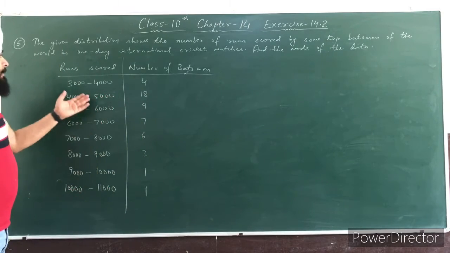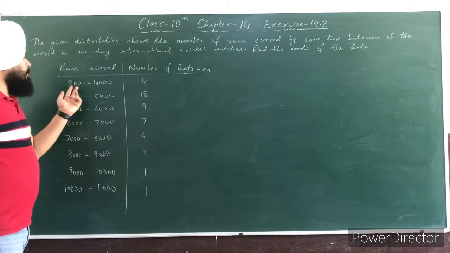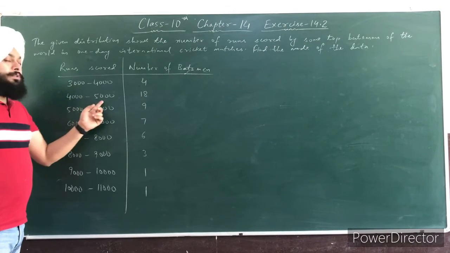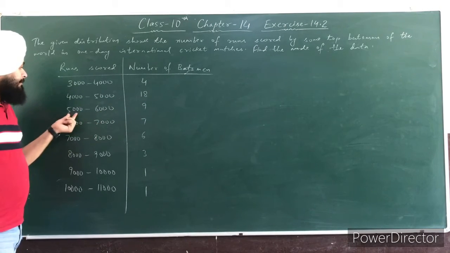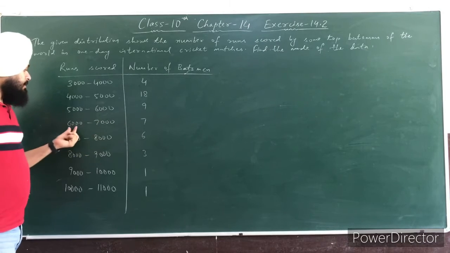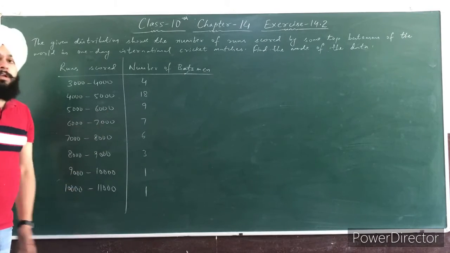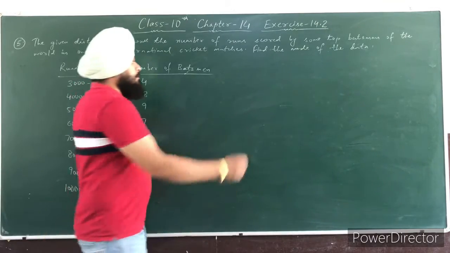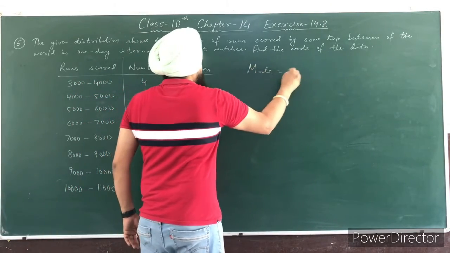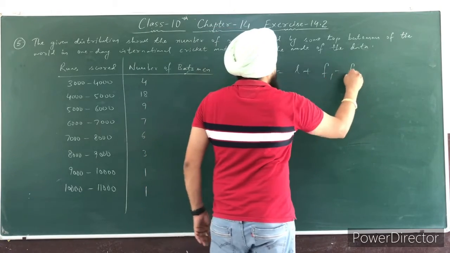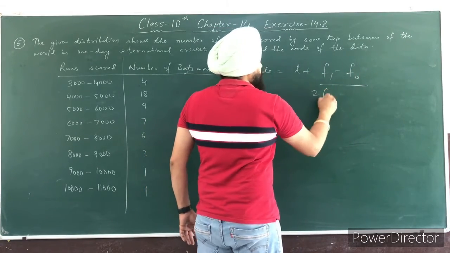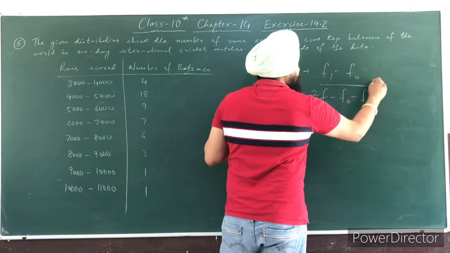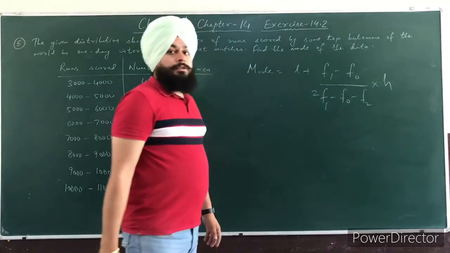So first you can see here there are 4 batsmen who scored 3000 to 4000 runs. 18 batsmen scored 4000 to 5000 runs, 9 batsmen scored 5000 to 6000, 7 scored 6000 to 7000 and so on. So find the mode of this data. To find the mode, first I will write the formula: L plus (F1 minus F0) divided by (2F1 minus F0 minus F2) into H. What is L?